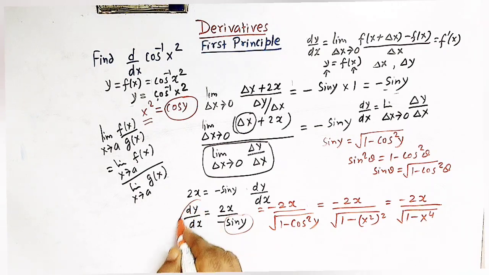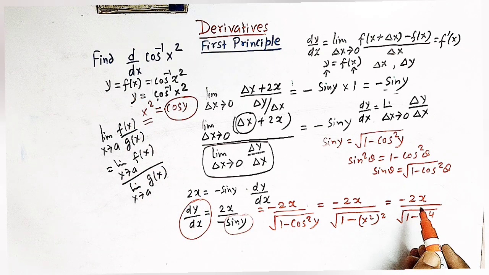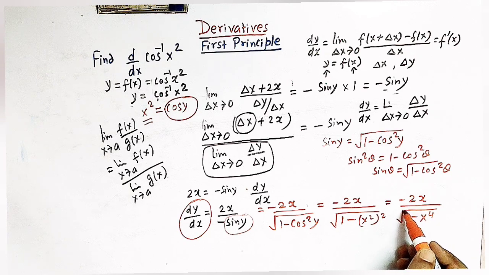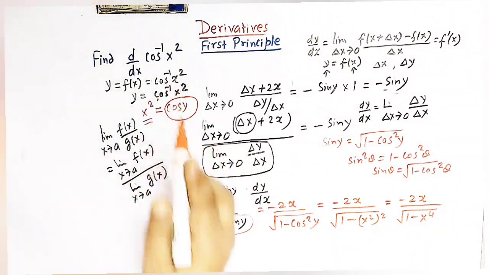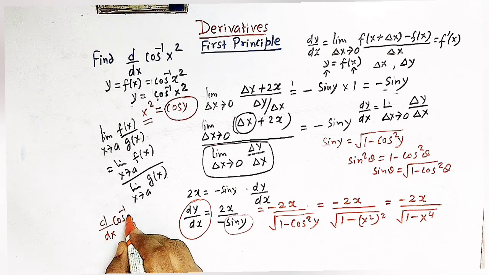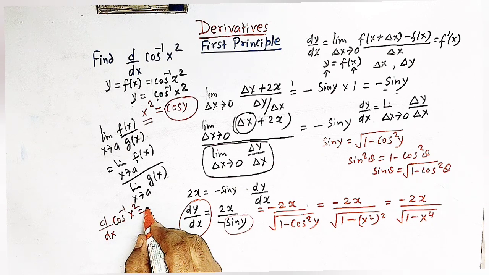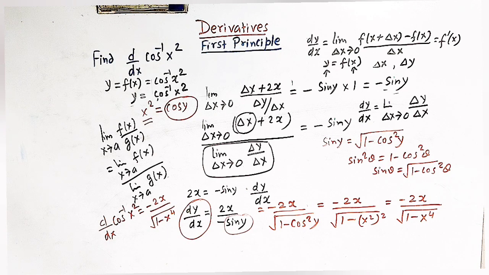So viewers, the derivative of y with respect to x is given by minus 2x divided by square root of 1 minus x to the power 4, and y was cos inverse x square. So the derivative of cos inverse x square is given by minus 2x divided by square root of 1 minus x raised to 4. So this is how we do it by making use of the concept of first principle.